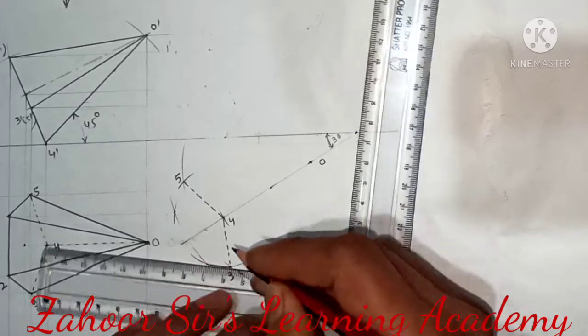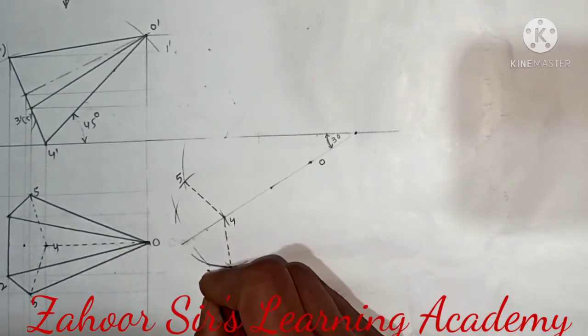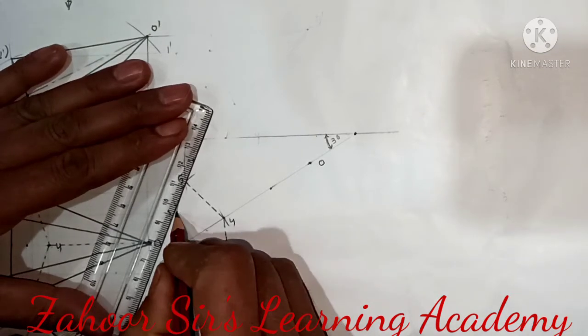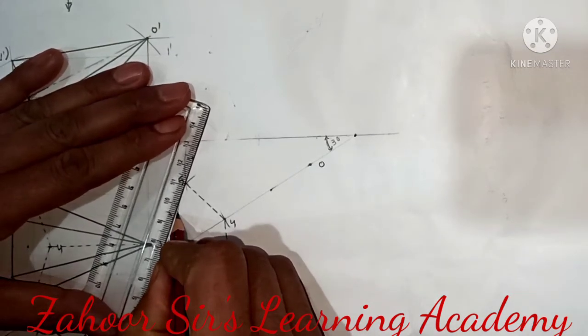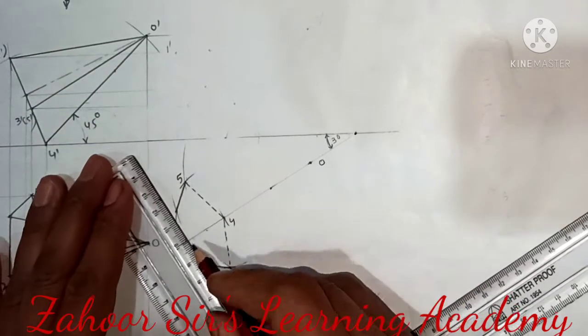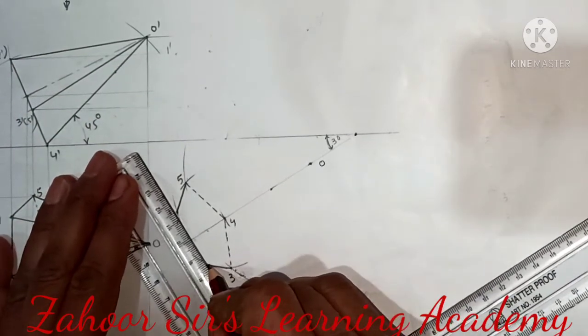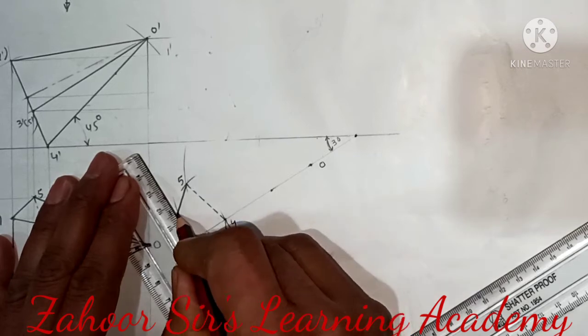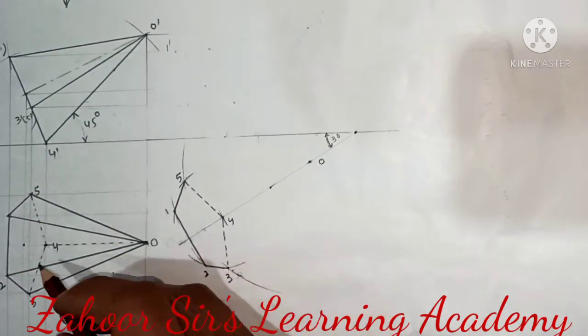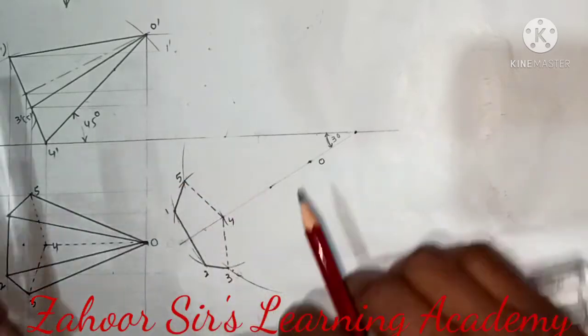So this is my point 2 and this is my 1 with 5, and then 1 with 2. So in this way we have reproduced the base of the pentagonal pyramid.